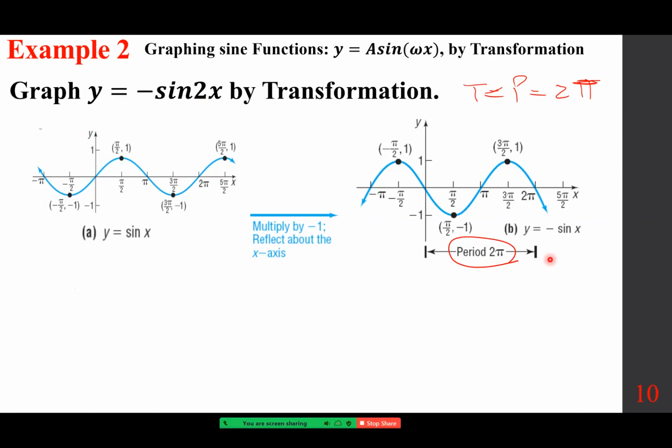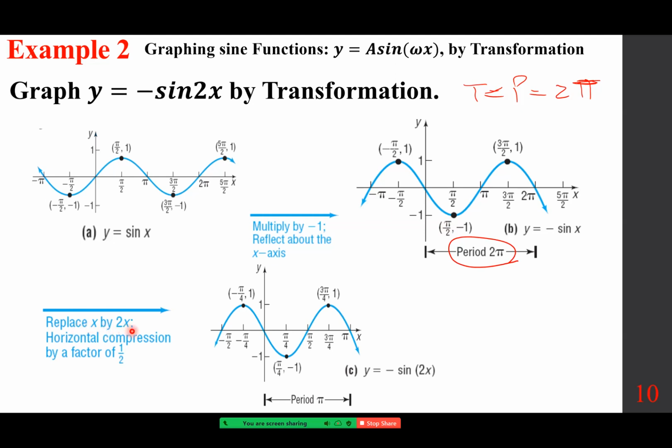So this 2 pi divided by 2 becomes pi. Everything shrinks along the x-axis. Replacing x by 2x means horizontal compression by a factor of 1/2. Pi over 2 divided by 2 becomes pi over 4, and 3 pi over 2 divided by 2 becomes 3 pi over 4. And we have the function y equals minus sine 2x we were looking for.